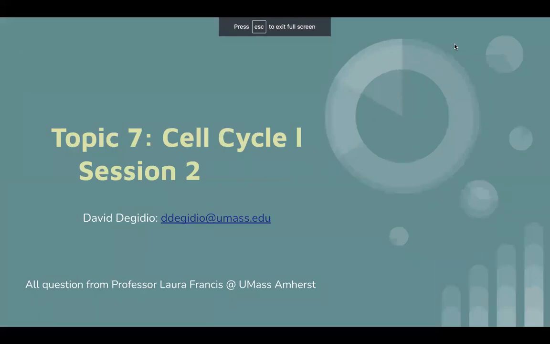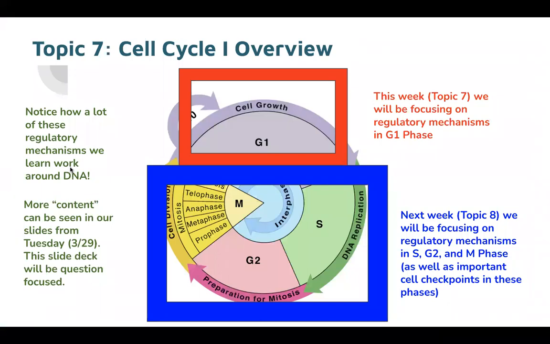All right, so this is topic 7, cell cycle 1, and this is going to be session 2 of that. As I stated on Thursday, for cell cycle we have 2 units. Topic 7 this week was regulatory mechanisms within G1.